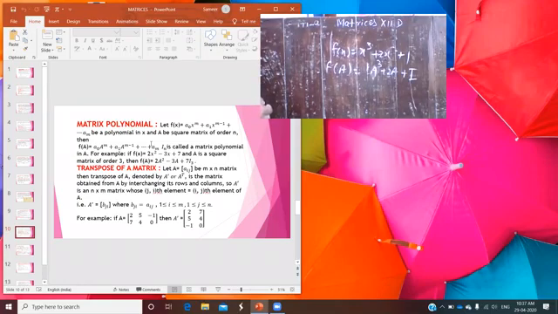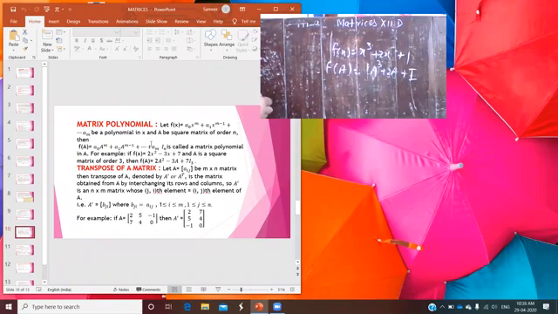Okay, so matrix polynomial. Now let's discuss the transpose of a matrix here also. Today only a few minutes are left. Transpose of a matrix is also a matrix. The transpose of a matrix is the matrix obtained by interchanging rows and columns of the given matrix.